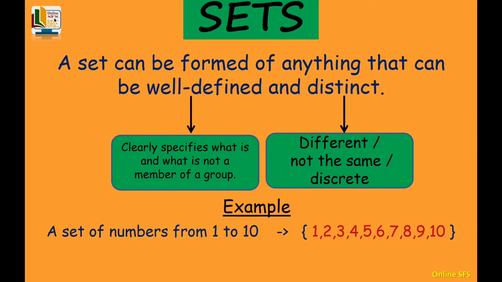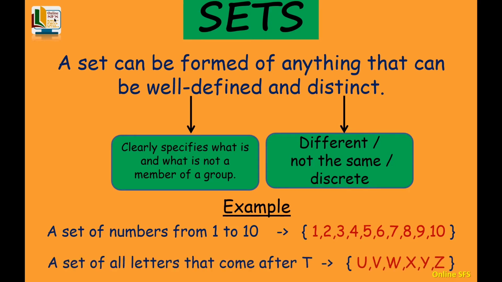This set clearly shows that it has numbers from 1 till 10, which means that it is well defined, and each number occurs once, that is, it appears only once in the set. So, it is also containing distinct objects. Let's see another example of a set of all letters that come after the letter T. They will be U, V, W, X, Y and Z.